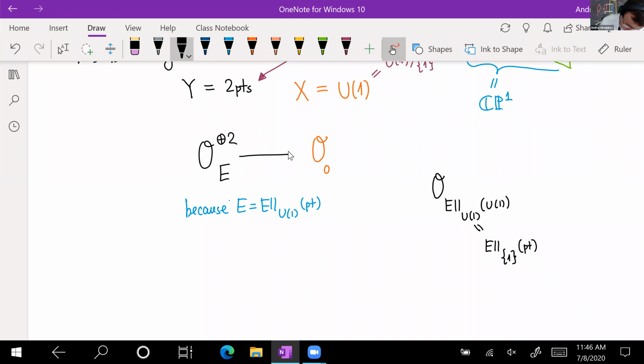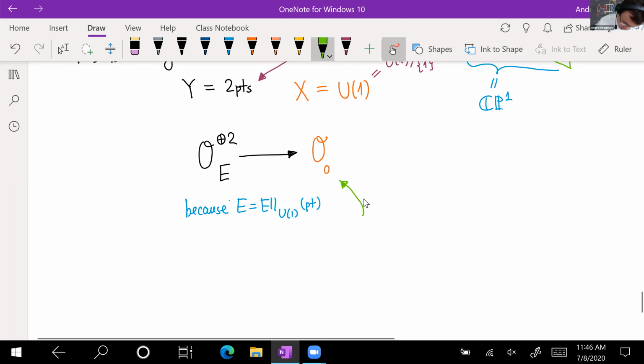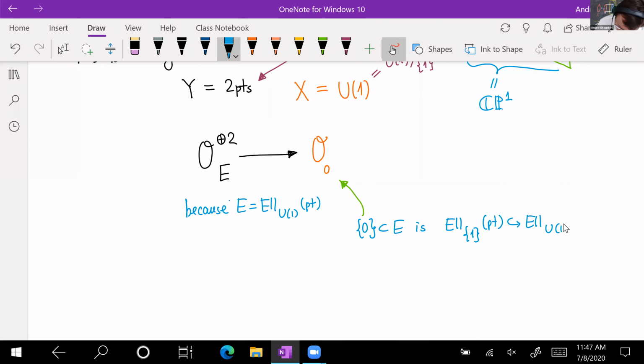And this will map this way because it's a pullback map. This is the image, because 0 is the elliptic homology of a trivial group of a point sitting inside the elliptic homology of U1 of a point.